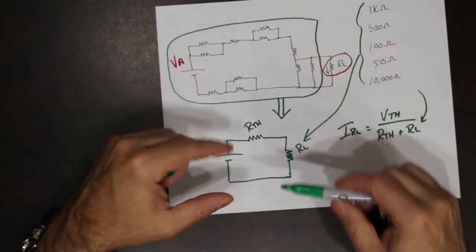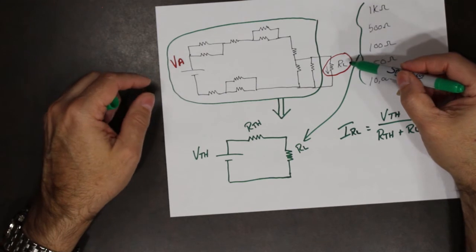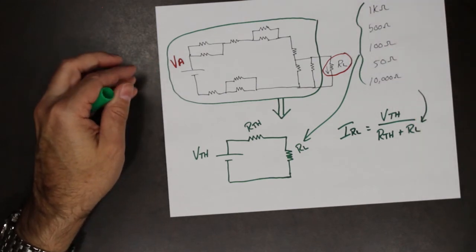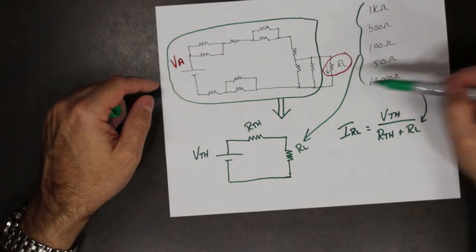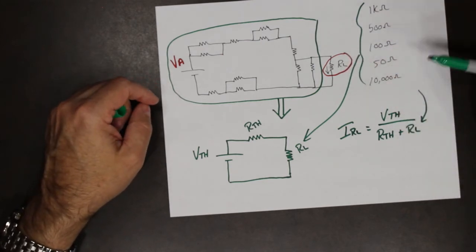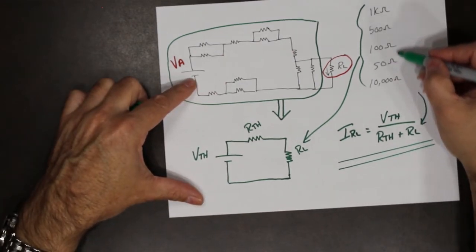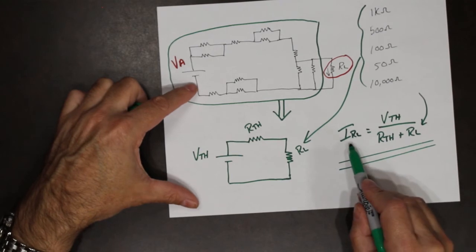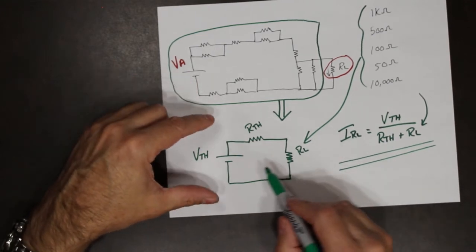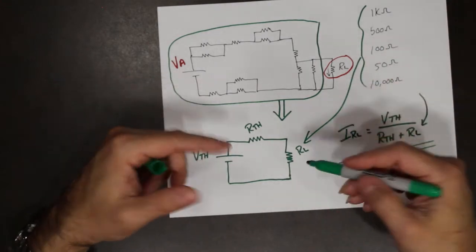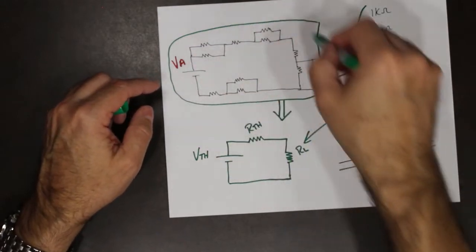So once you do Thevenin's equivalent circuit, focusing on a single resistor, I can now change the value of that resistor, and I can actually see how changing the value of that one resistor will affect the current without having to do all of the full calculations over and over and over again.